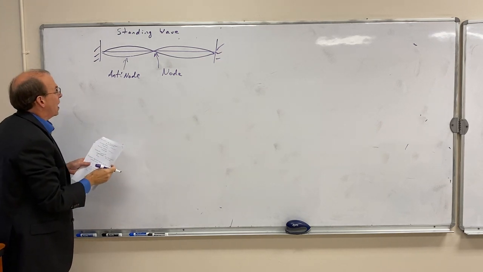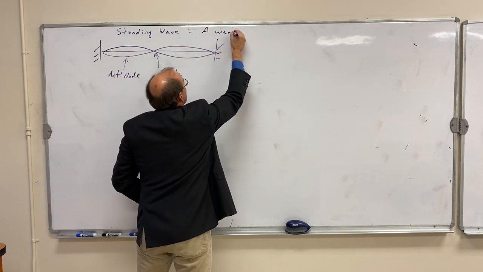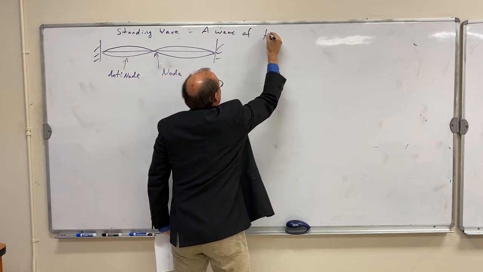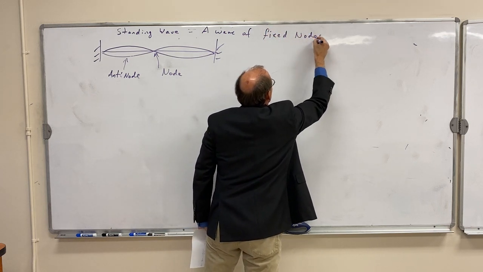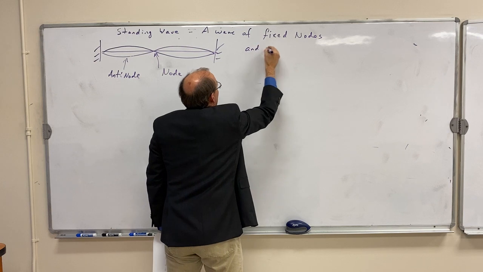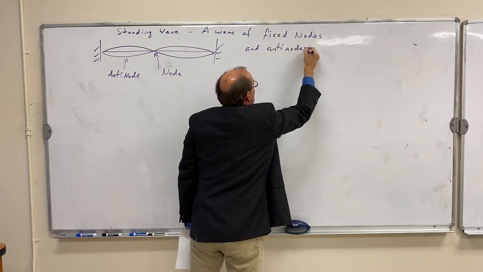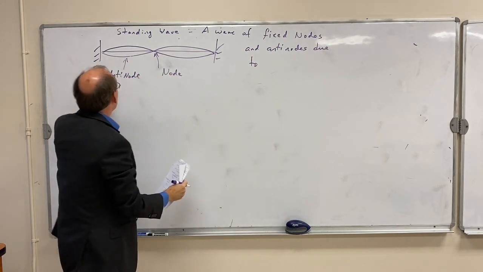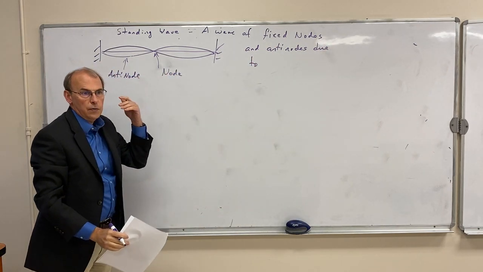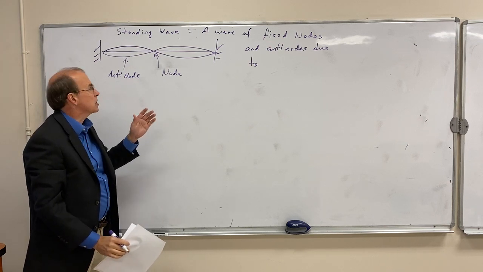We're going to define the standing wave as a wave of fixed nodes and antinodes due to, now I said it was due to an incident and a reflected wave interfering with one another, constructive and destructive interference.